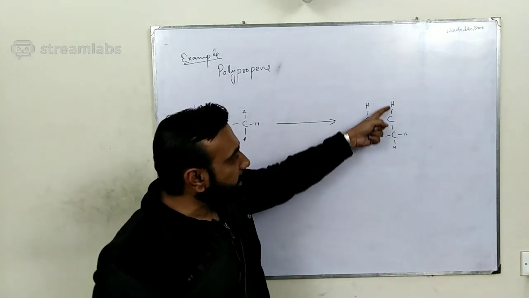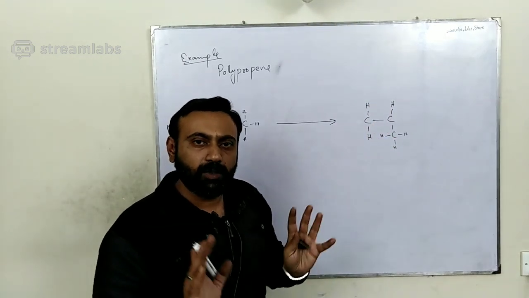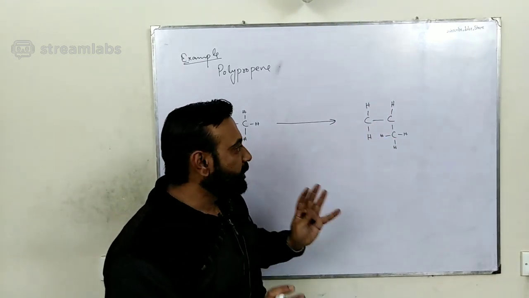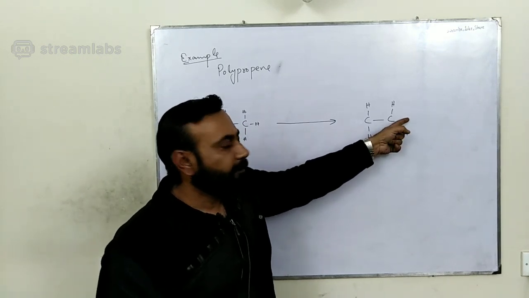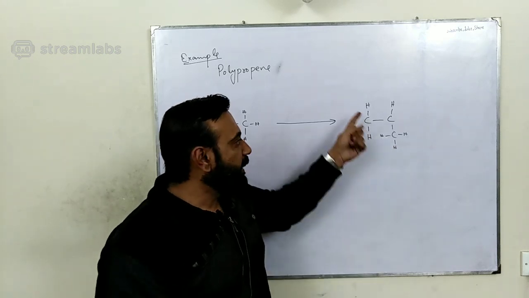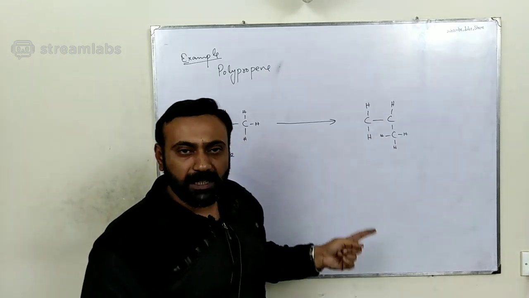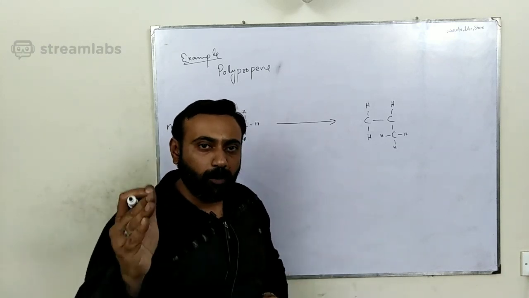If you place this hydrogen at the bottom and place the methyl at the top, that won't make any difference. That is completely correct. But you cannot place this CH3 on the right side of the carbon atom, and you cannot place this hydrogen on the left side. That is not allowed when you are constructing the structures of polymers.